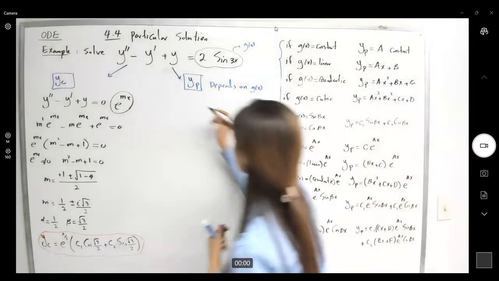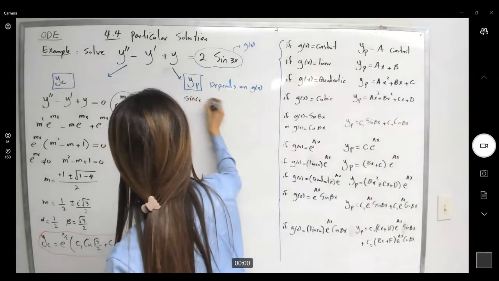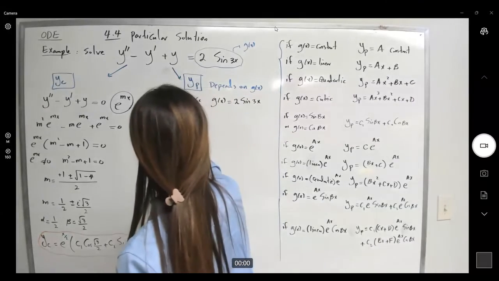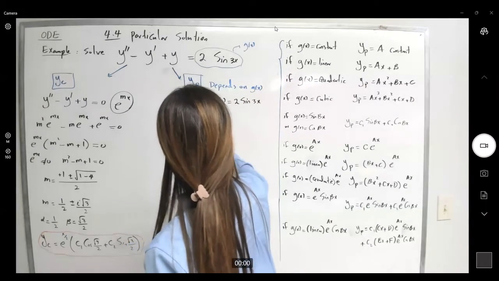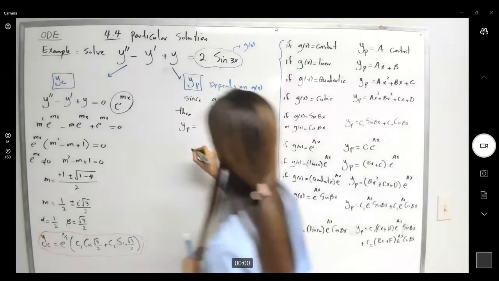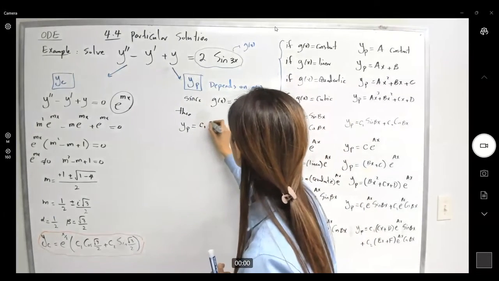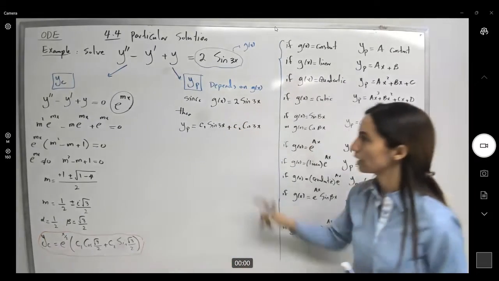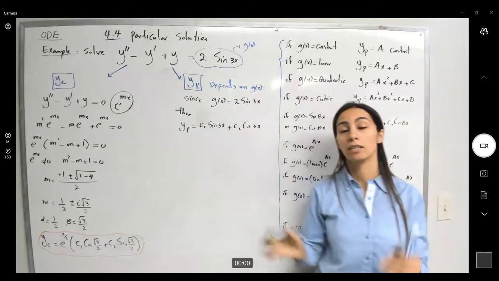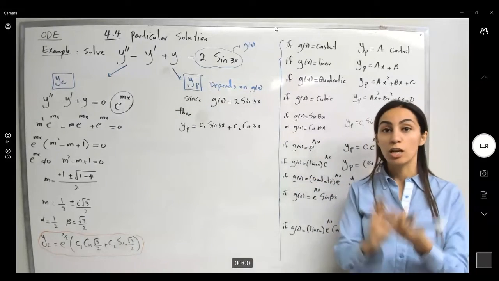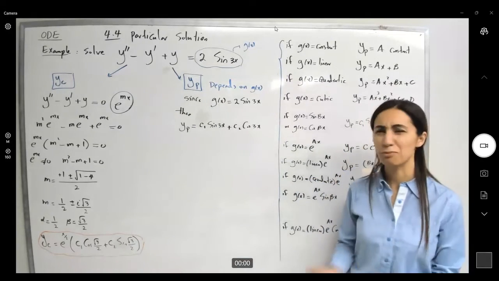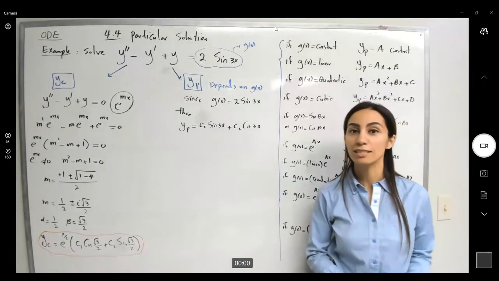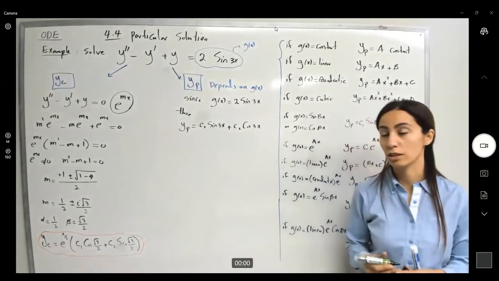So since g of x is 2 times sine 3x, the particular solution y sub p can be written as c1 sine of 3x plus c2 cosine of 3x. But our job is to find c1 and c2. Again, guys, when you have a particular solution, you cannot have any parameter. What is a parameter? Like missing values, c1, c2, anything missing cannot be part of your particular solution.